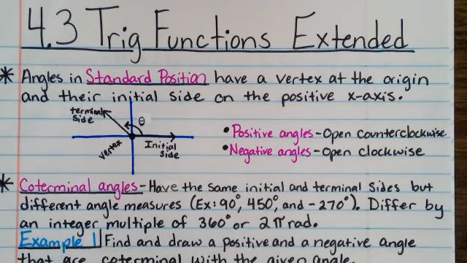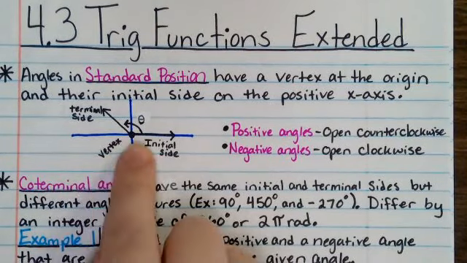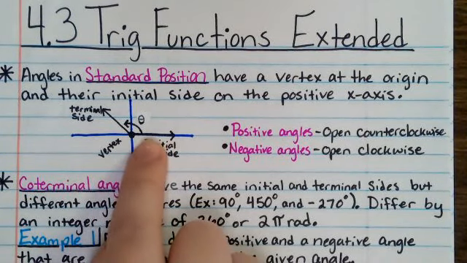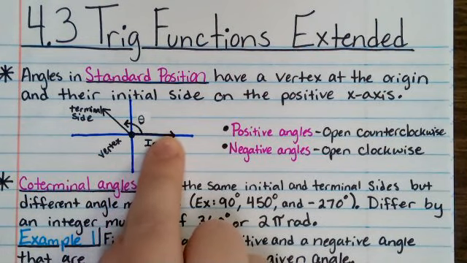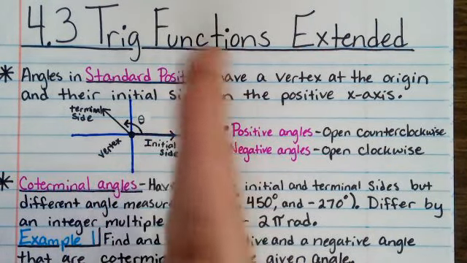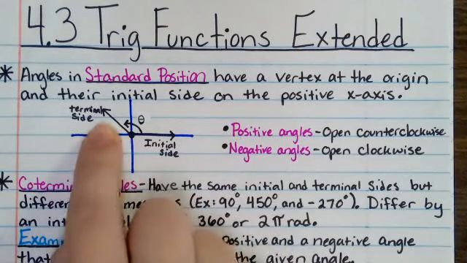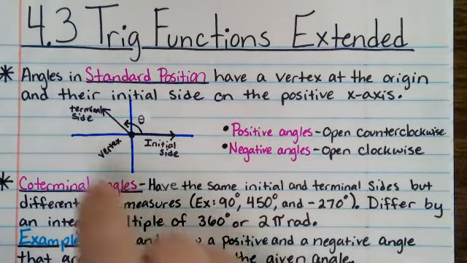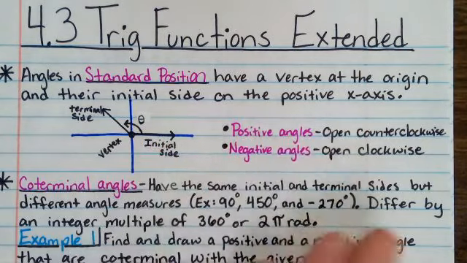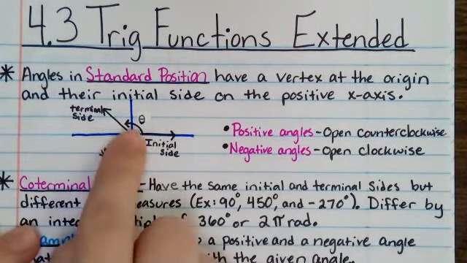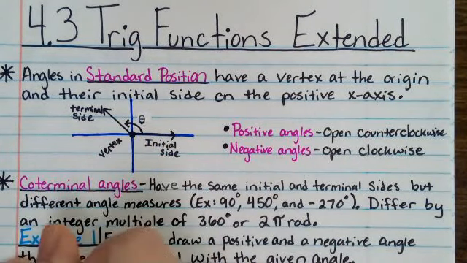These are angles that have a vertex at the origin. We're going to always say that the initial side, the starting side, is here on the positive x-axis. And then the terminal side is going to open up to wherever that terminal side is. And the degree at which that is open, that is what theta is, okay?